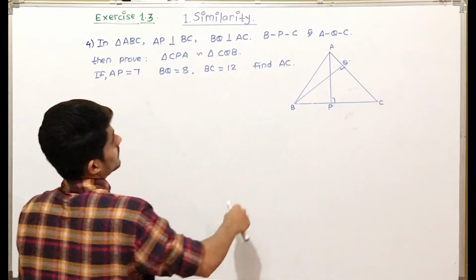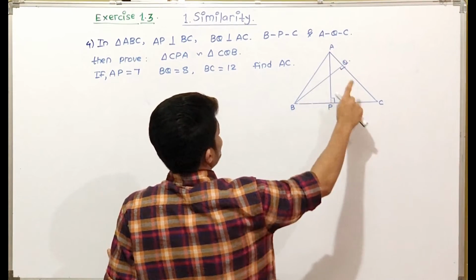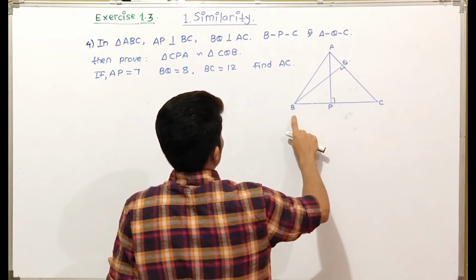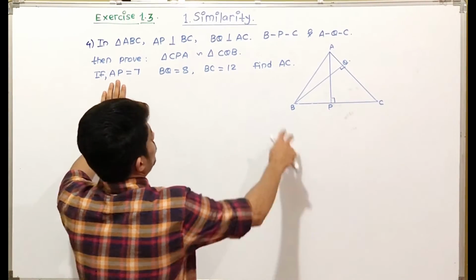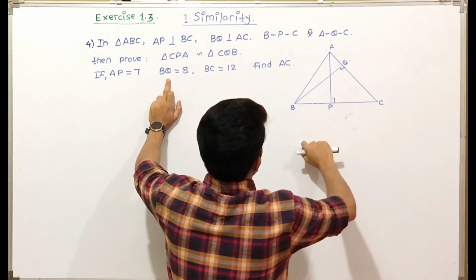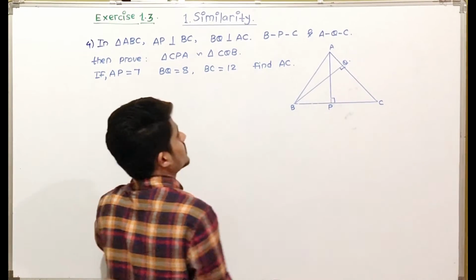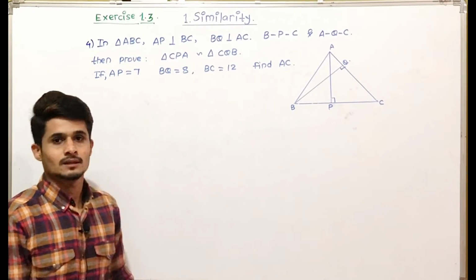Then prove that triangle CPA is similar to triangle CQB, and after that find the value of AC if AP is equal to 7, BQ is equal to 8 and BC is equal to 12. Find the value of AC.